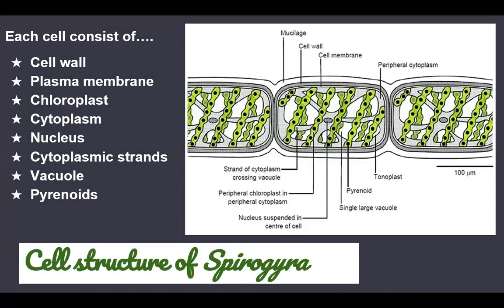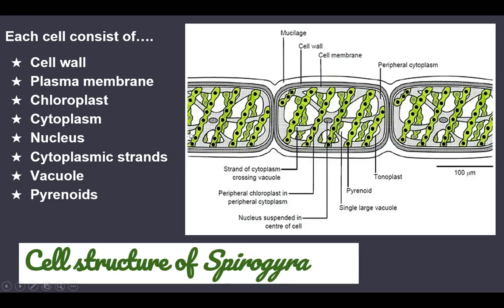So let us discuss the cell structure of Spirogyra. Each cell of Spirogyra consists of cell wall, plasma membrane, chloroplast, cytoplasm, nucleus, cytoplasmic strands, vacuole, and pyrenoids. Each cell consists of a firm cell wall enclosing a mass of protoplast.